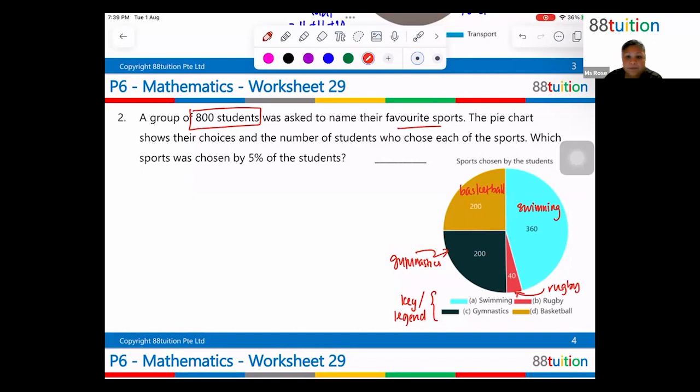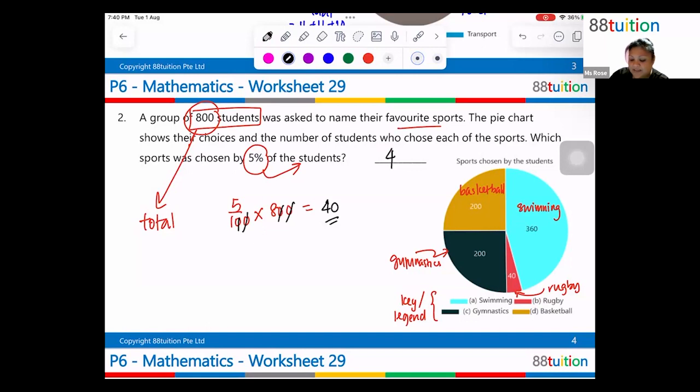Okay, now, which sport was chosen by 5% of the students? Total number of students here, total 800. If you want to find 5% of the students, 5% means 5 out of 100, since per cent is out of 100. So 5 out of 100 times the total number of students gives me 40.